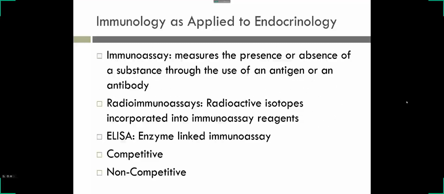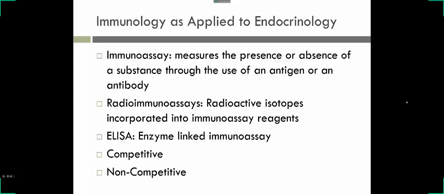So what are some of the assays used for measuring these very low levels of substances? Immunoassays, which some of you may do or may have done in your project, measure the presence or absence of a substance through the use of an antigen or an antibody. And these different flavors include the radioimmunoassay, which is radioactive isotopes incorporated into immunoassay reagents.